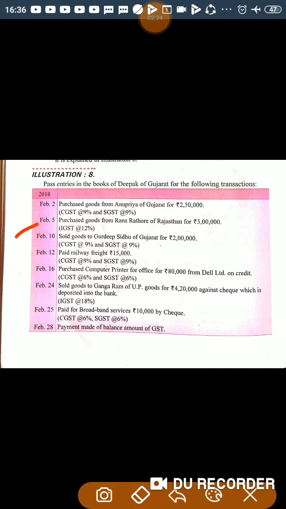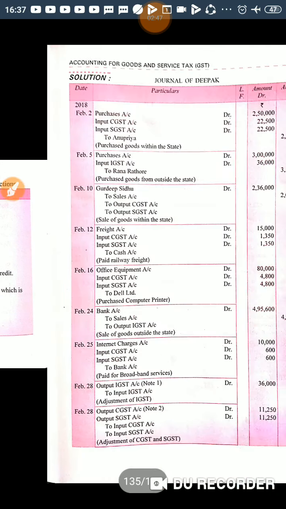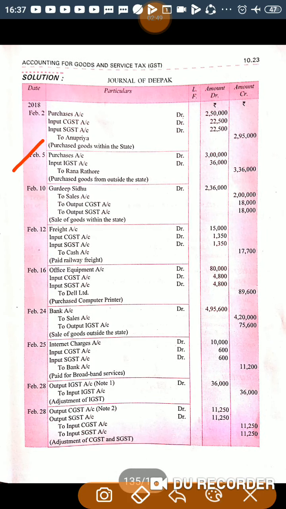So it is an interstate trade and IGST will be charged. And in the question itself, it is mentioned IGST at 12% is going to be charged. So this is also a credit purchase. Purchase account is involved, Rana Rathor is involved, and at the same time input IGST is involved. So I'm directly coming to the journal entry.